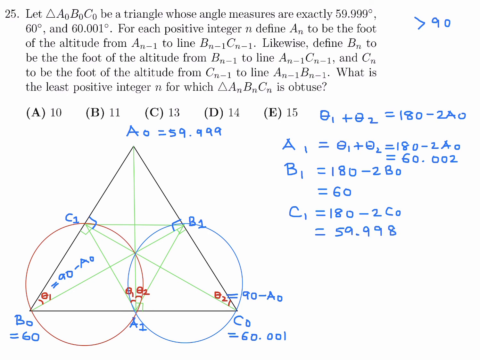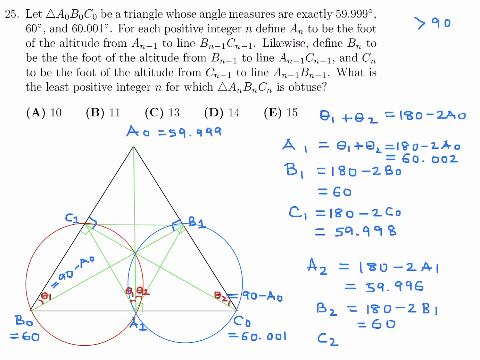Okay, and then you just keep going. Again, A2, it would be the same principle, 180 minus 2A1. And if you do that, you will get 59.996. B2, well, that's just going to be 180 minus 2 times B1, and that's just going to be 60. And then C2 will be 180 minus 2C1. And if you do that math, you will get 60.004.